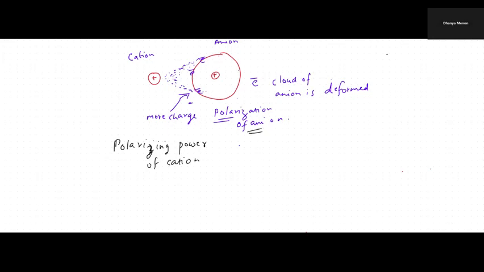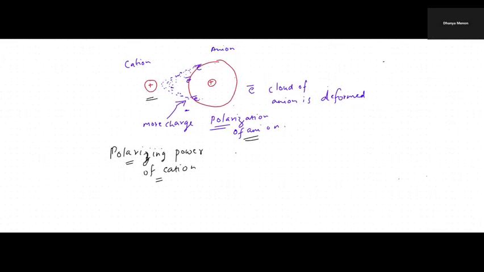That means the electron cloud has got deformed by the cation. Because of what power? Polarizing power of cation. Capacity to attract the electron pair or the electrons. Okay. So this is how covalent character comes into play in the ionic bonds. Why?